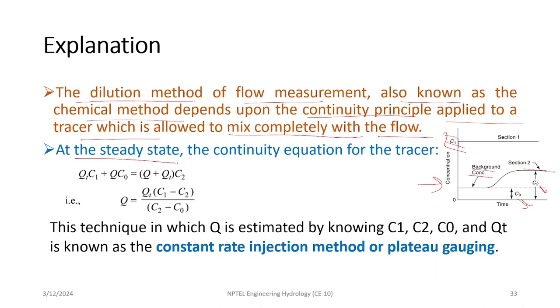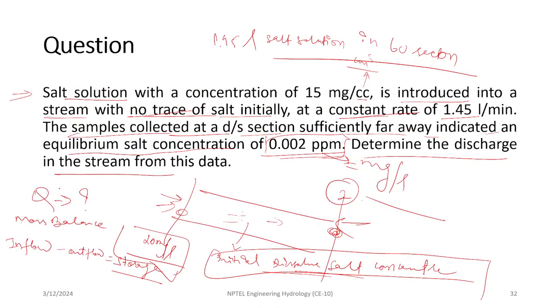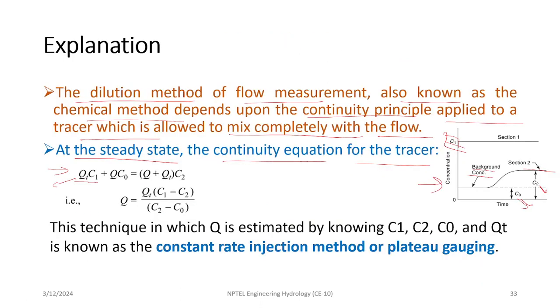So at steady state, if we use the continuity equation for the tracer method, we come up with this. QT is the rate of application, the rate at which we are applying the salt solution. In this question it is mentioned as 1.45. C1 we know, the initial concentration. Q is not known.